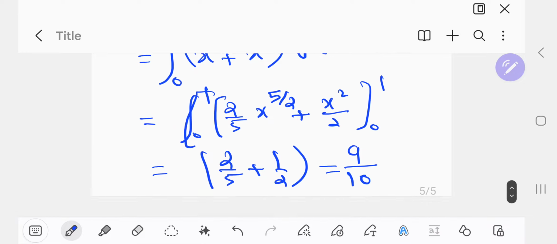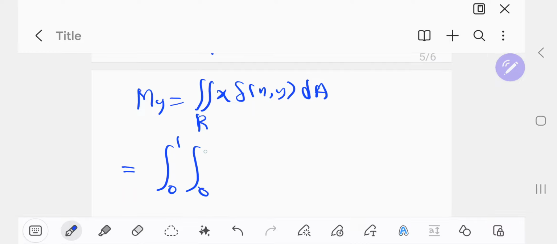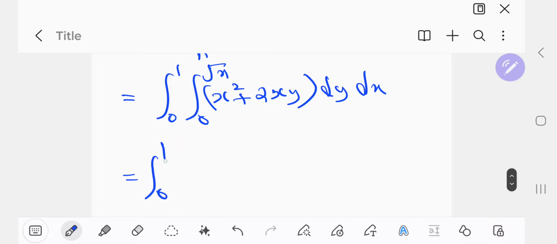Then my formula is the double integral over R of x into delta of xy dA, equal to the integral 0 to 1, integral 0 to root x, of x square plus 2xy dy dx, equal to 0 to 1.